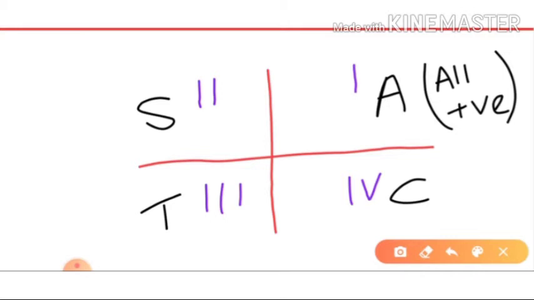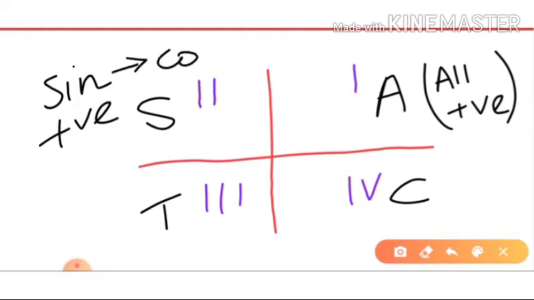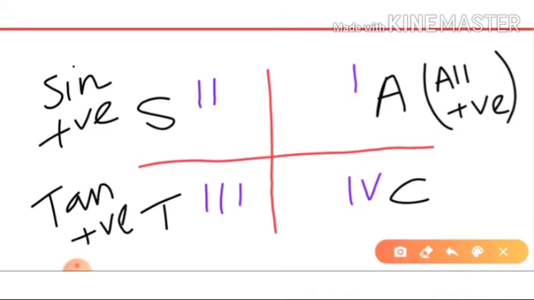S means in the 2nd quadrant only sine is positive, and obviously its reciprocal, cosec, too. So remember: 1st quadrant all positive, 2nd quadrant sine positive, then here only tan is positive, that means tan along with cot, and then here cos positive.